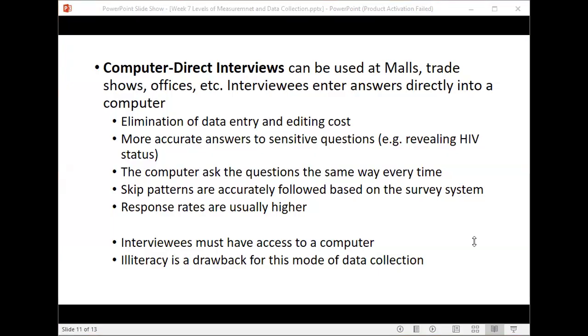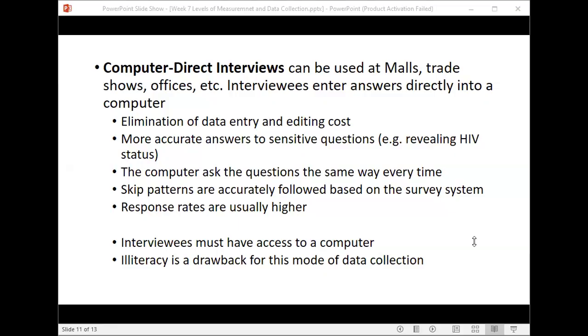When you are done, they will ask you to scan this and then fill in a questionnaire about the person or the teller that you visited. Whether the service you got was okay or not okay, and all of that, right? So computer direct interviews are usually used especially when some of the things you are going to be asking are quite sensitive.